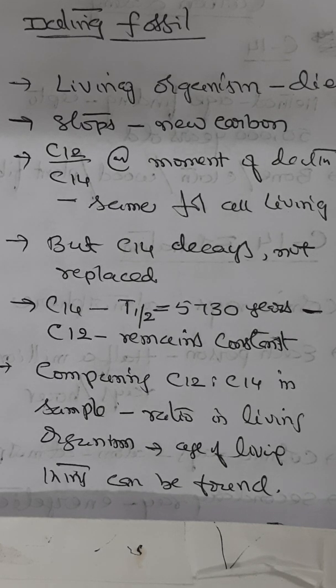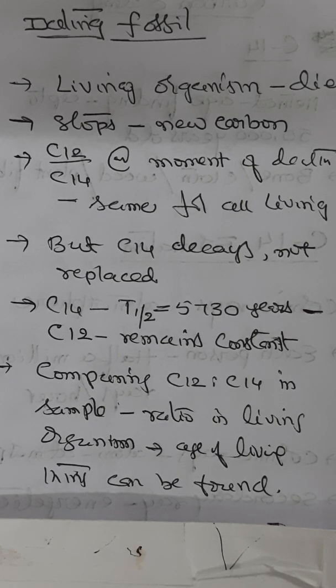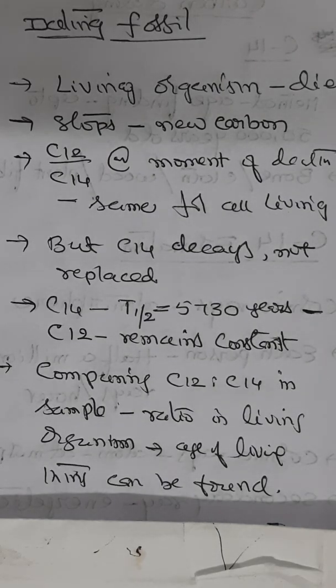So by looking at the ratio of C12, that is carbon 12, to C14, carbon 14, in the sample, and then comparing it to the ratio in a living organism, it is possible to determine the age of a living thing.